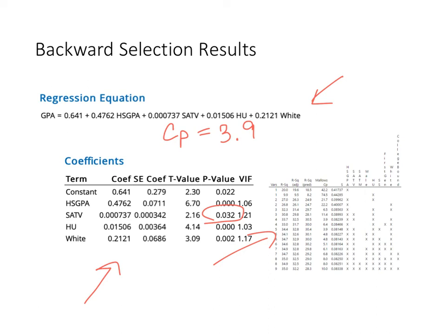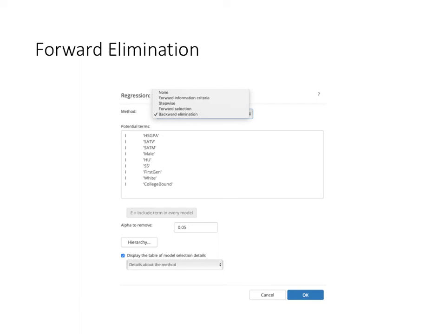Okay, finally, another option, the third option in building your model, is to look at forward selection or forward elimination. And you'll still go to stat, regression, but instead of selecting backward elimination, you'll now select forward elimination. So the way this works is Minitab will start with no terms at all.